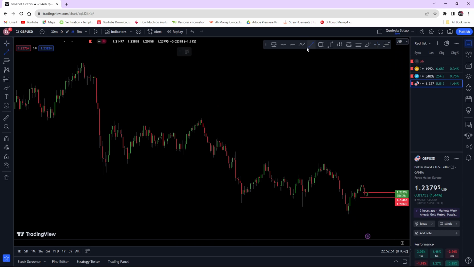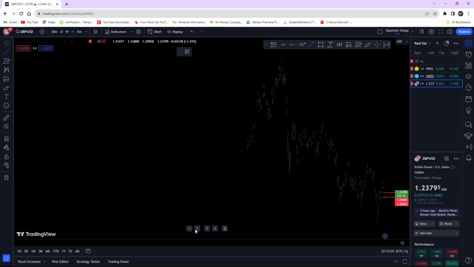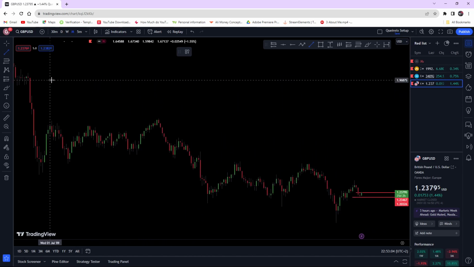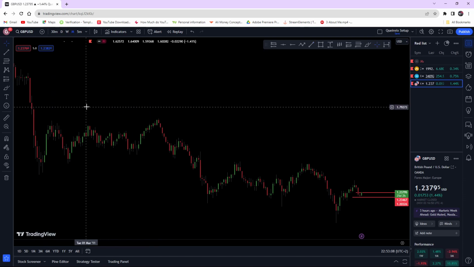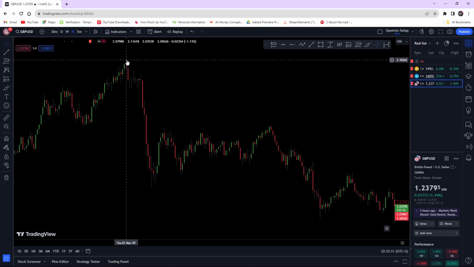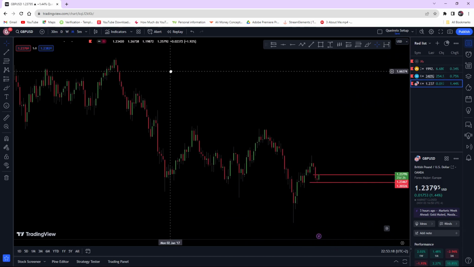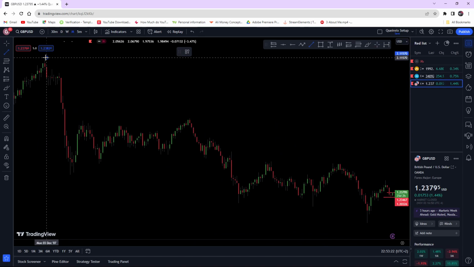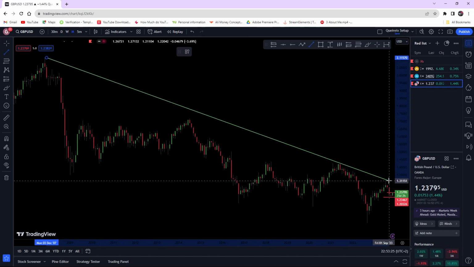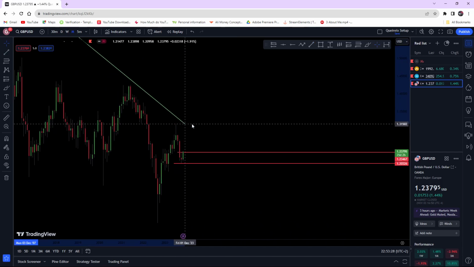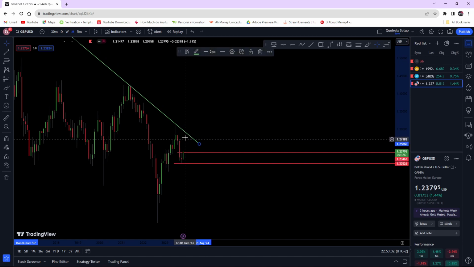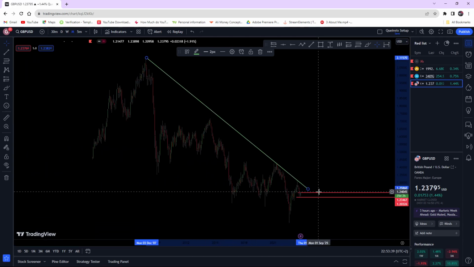Since 2007 we can see that it's been a downtrend with GBP USD, and this might just be a retracement to this trend line over here.